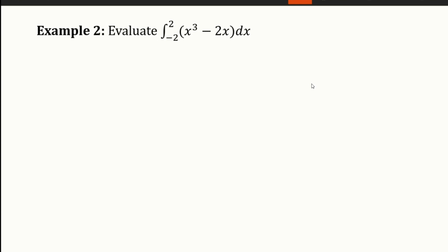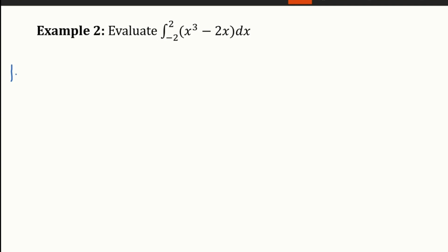In this example, we have the integral of x cubed minus 2x from negative 2 going to positive 2. Let's perform our 4 steps once more. Step 1 is to integrate the given function.